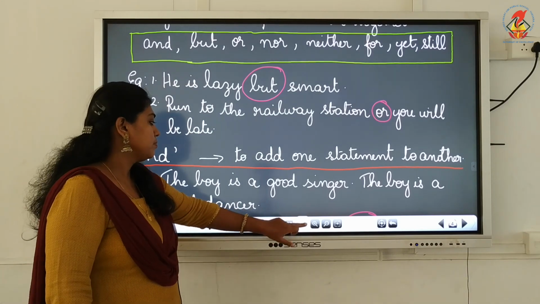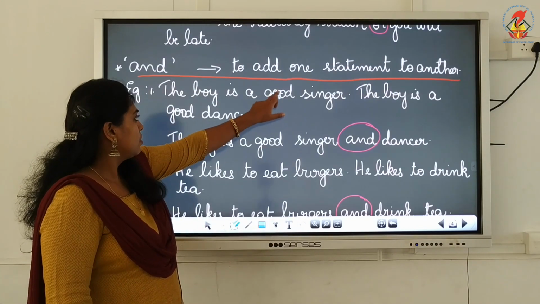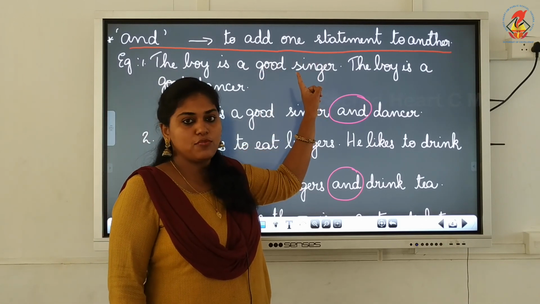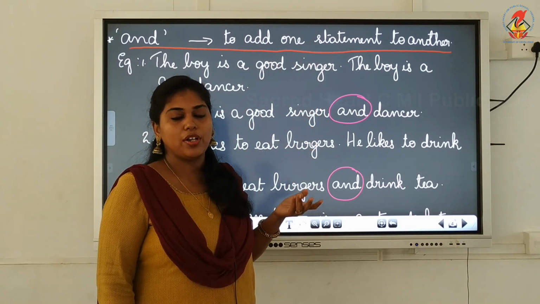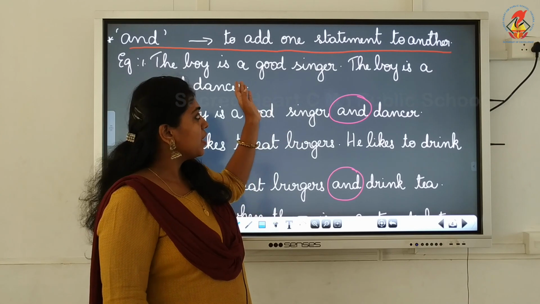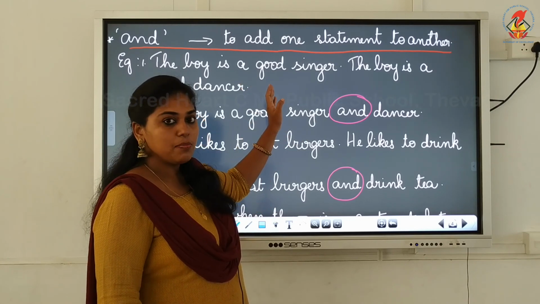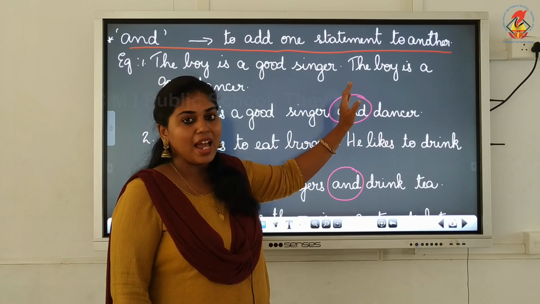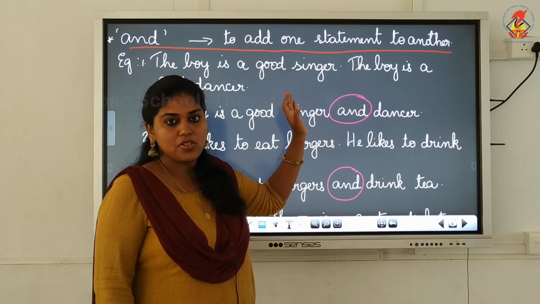Example: the boy is a good singer, the boy is a good dancer. Here we are talking about the same subject. What's the subject here? Boy. So here we are talking about the same person and two qualities of the same person. So here we are just adding the detail to it, right?